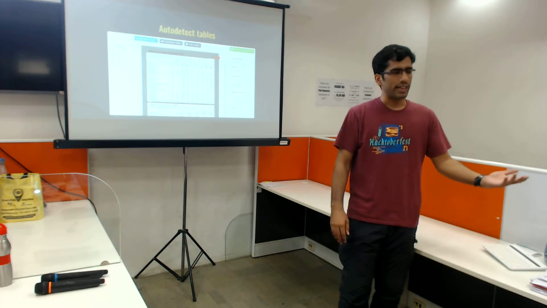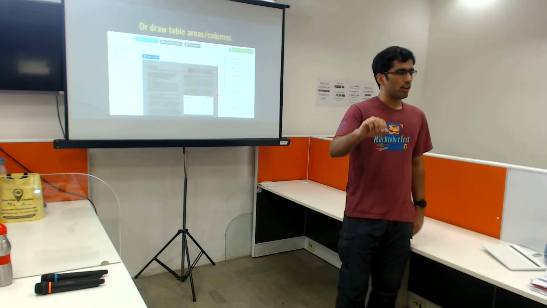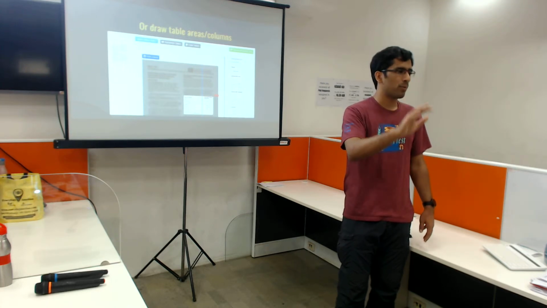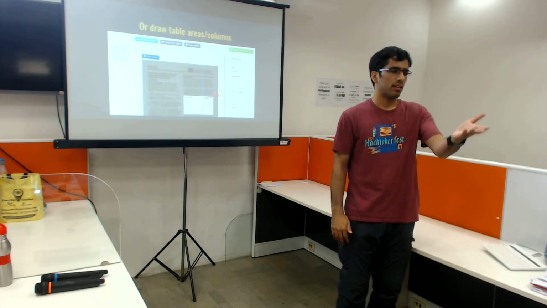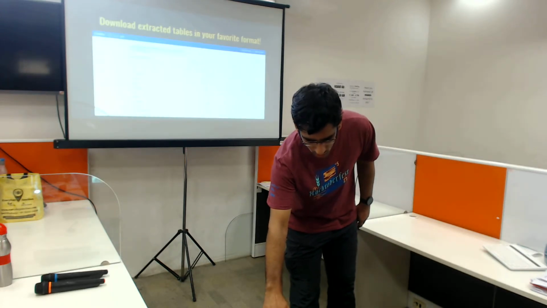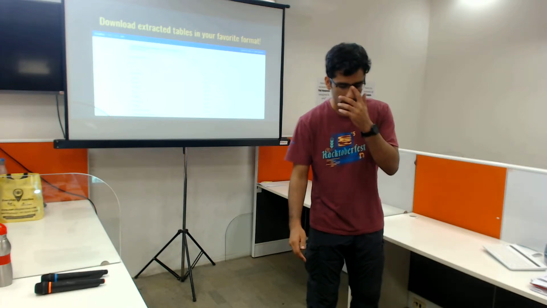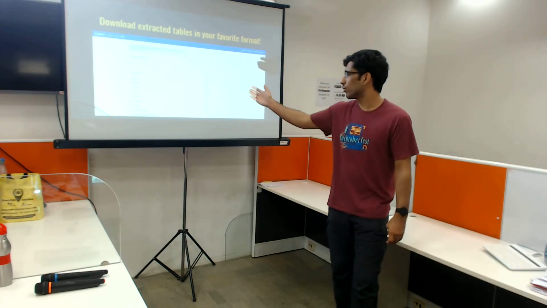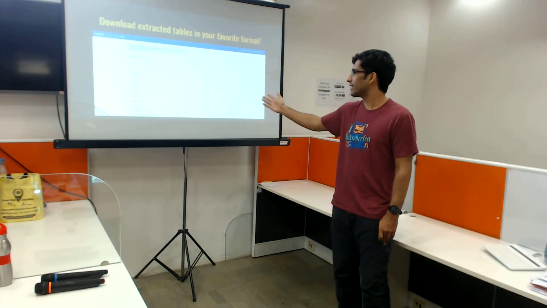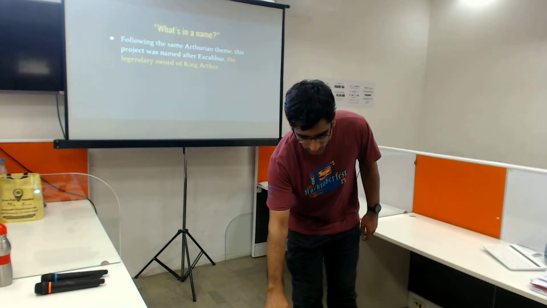You can either auto-detect tables on the interface, or you can draw table areas and columns to exactly pinpoint a table, in a case like you mentioned, if it's giving out false positives. So that gives the option of assisted extraction also. Then you can view that table on the interface and download it in any format that you want, the formats that I mentioned earlier.